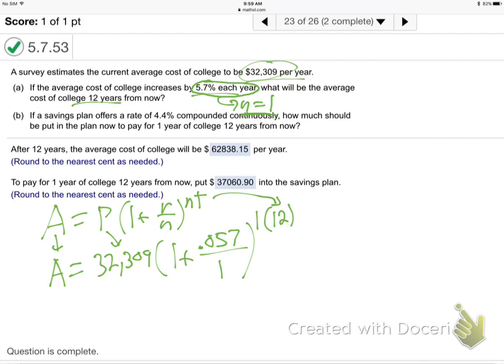So I just basically turn it into a number problem. I'm getting an amount that is $62,838, and it rounds to 15 cents. Wow. Oh yeah, that's right here, huh? Yeah, I got that answer.